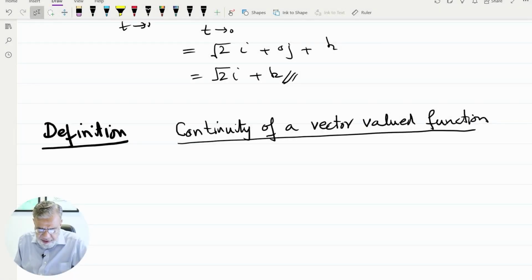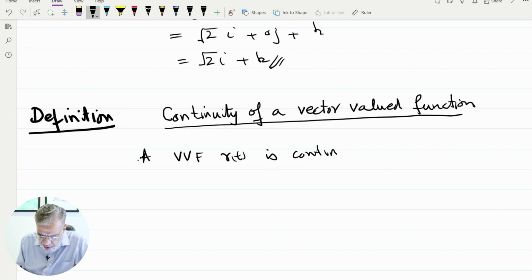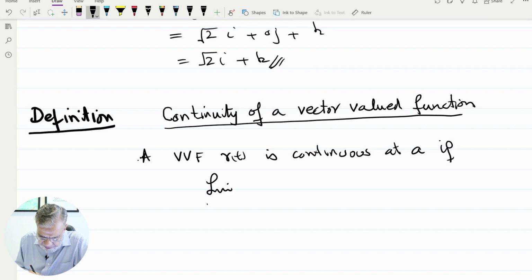So our next definition is about the continuity of a vector valued function. We say a vector valued function r of t is continuous at the point t equals a if the limit of this function as t tends to a, r of t, is equal to r of a.